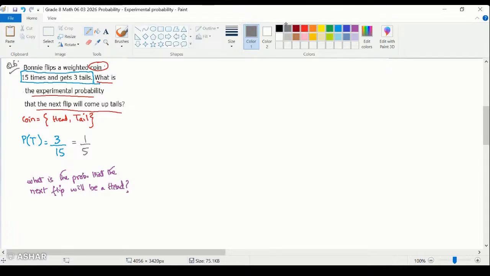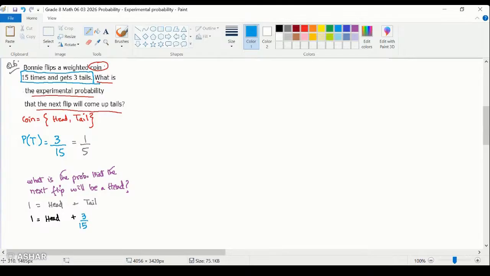We know that the total probability, head plus tails, should always be equal to 1, the probability of an event, right? If the probability of head we need to find and the probability of tail was given to us, that was 3 over 15.